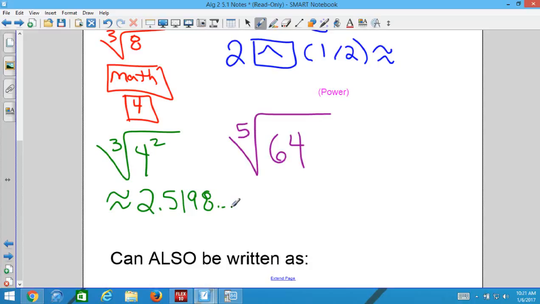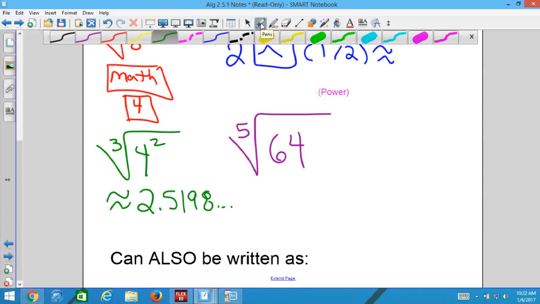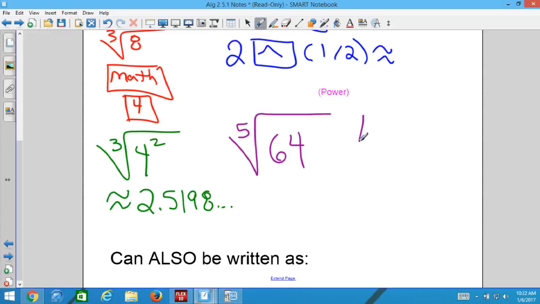Okay, so how do we do the purple one? How do we do the 5th root? You're going to go under math, and it is choice number 5. But some of you with the older calculators actually have to type in the index number first before you do math 5. It depends on your calculator.